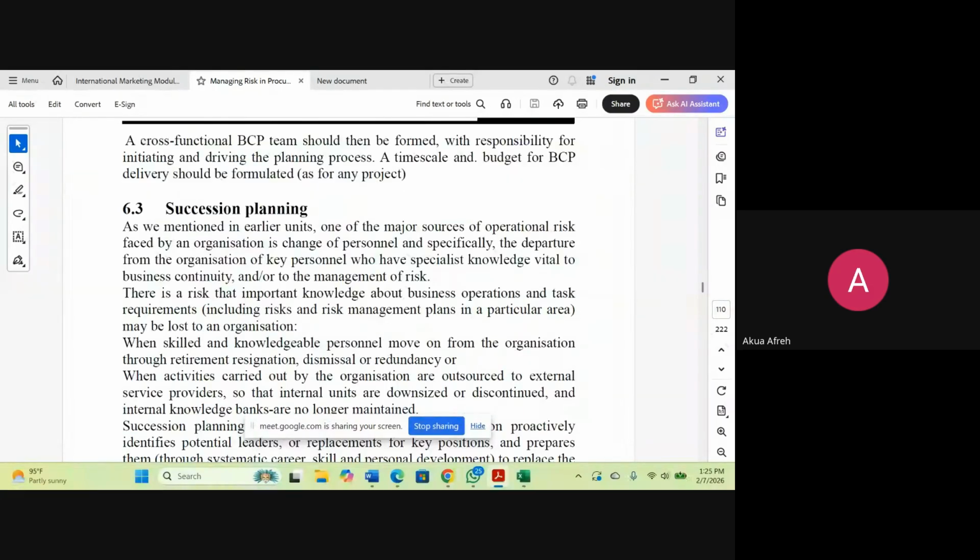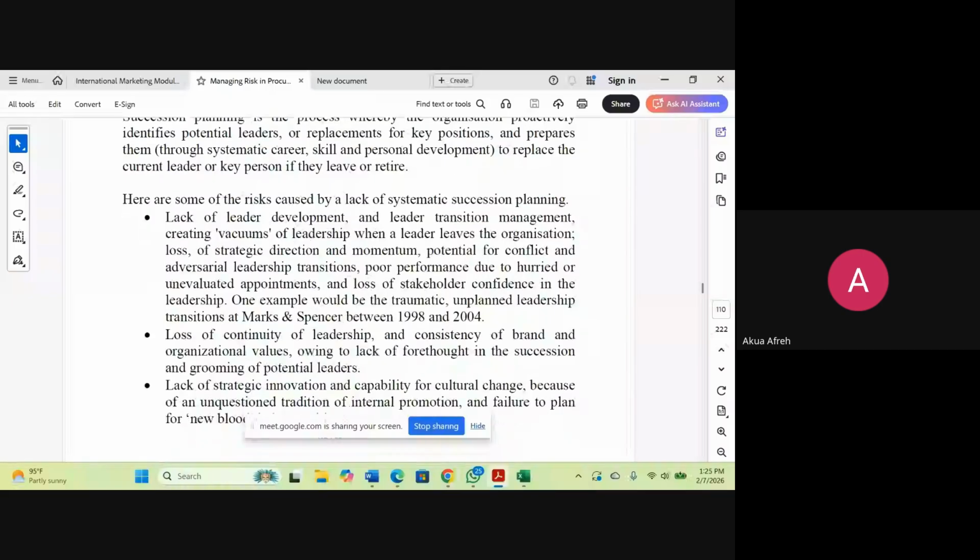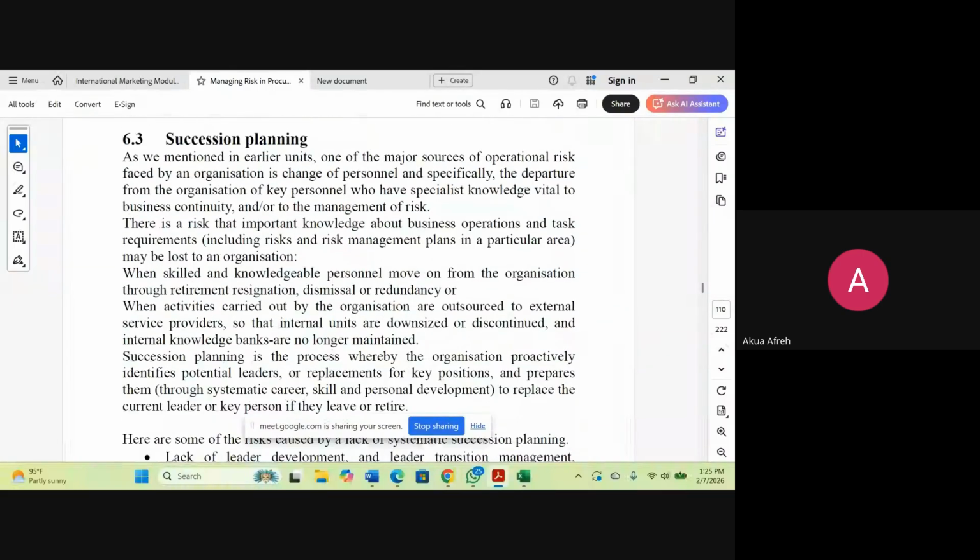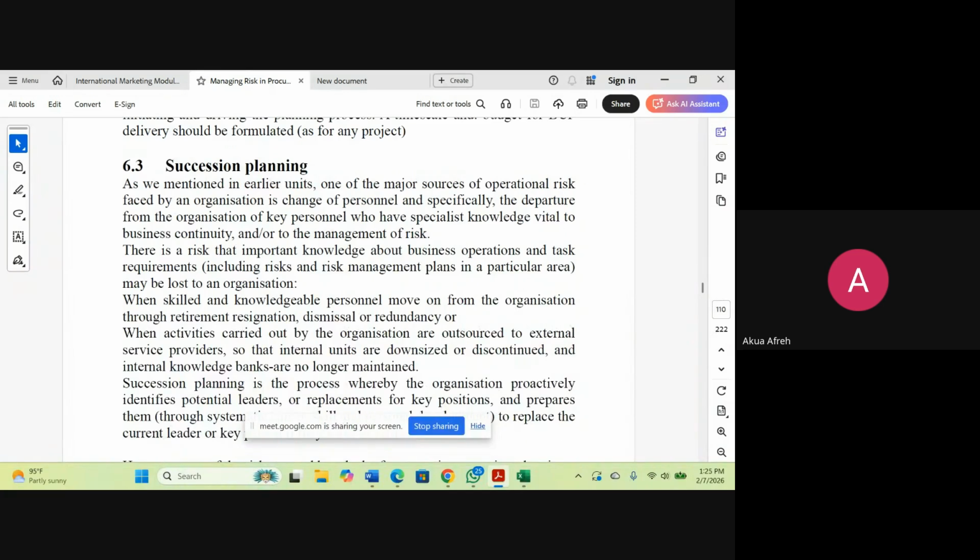Then, we cannot talk about business continuity planning without talking about succession planning. I know most of us know what succession planning is about.